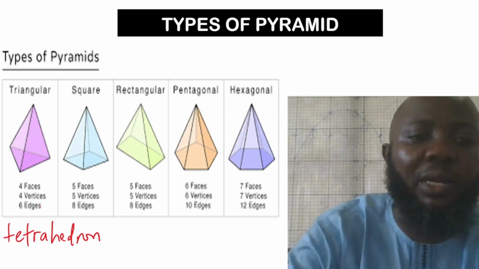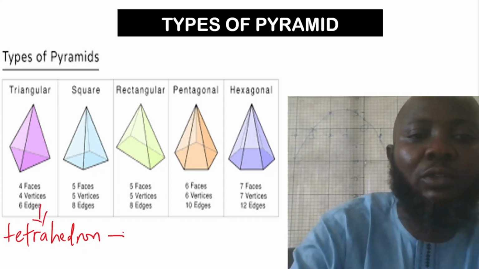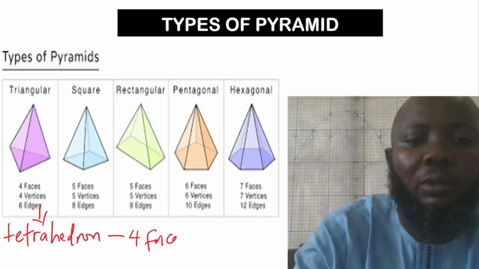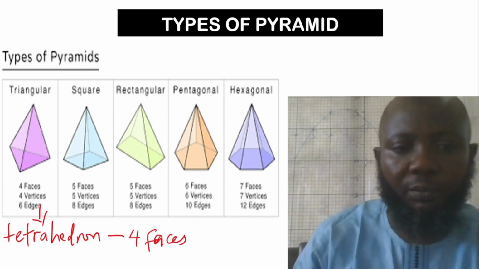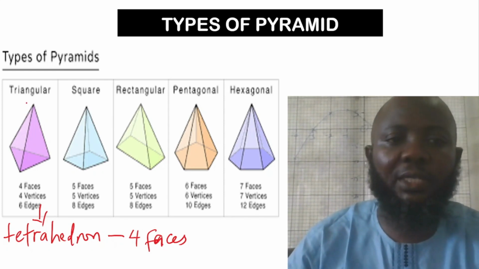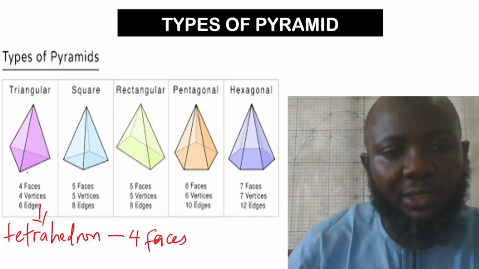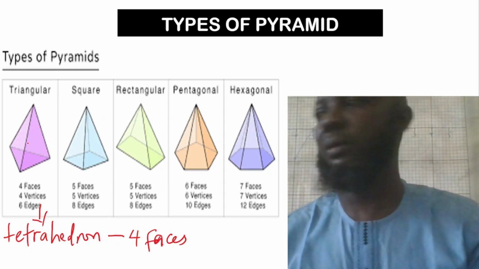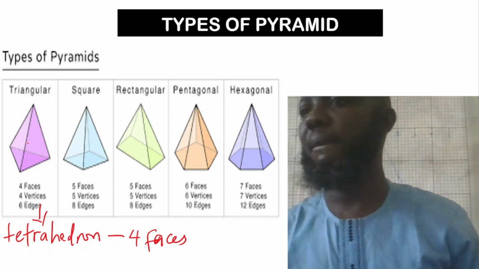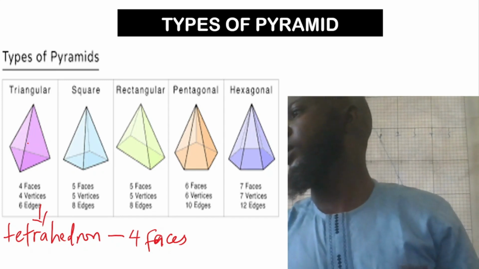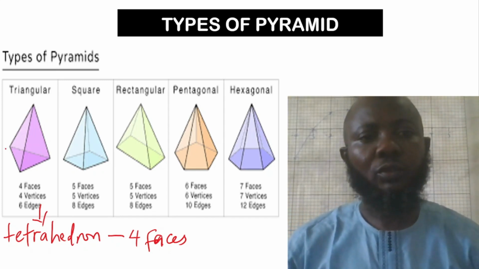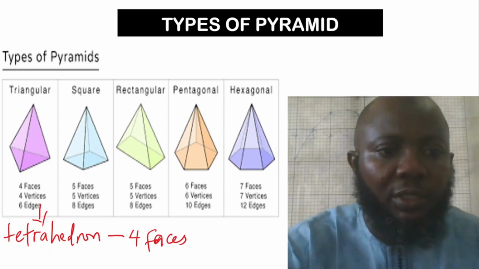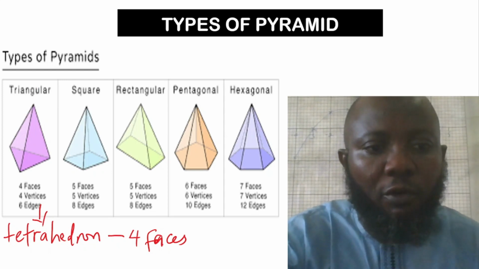Tetrahedron means four faces, a shape that has four faces. I hope this is clear. For the triangular pyramid, how many faces? It has four faces.